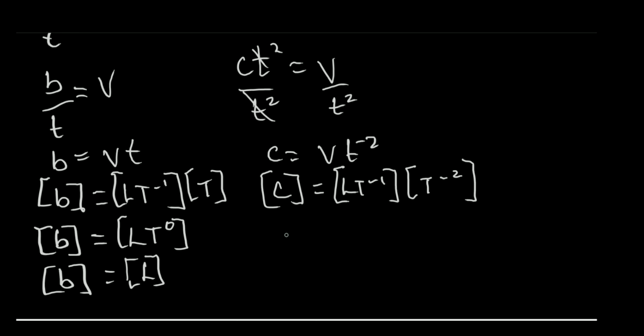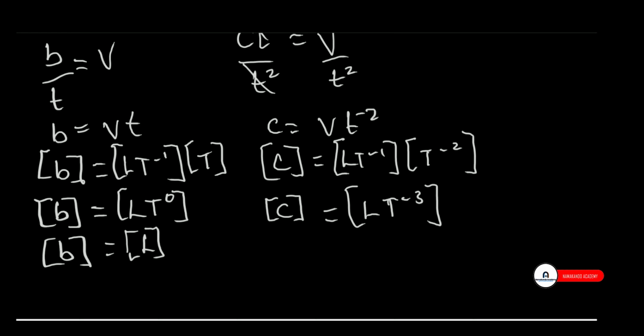So the dimensions for c will be L. Now t to the power negative 1 and t to the power negative 2 are multiplying, so we add the powers. Negative 1 plus negative 2 will give us negative 3. So this is our physical quantity.